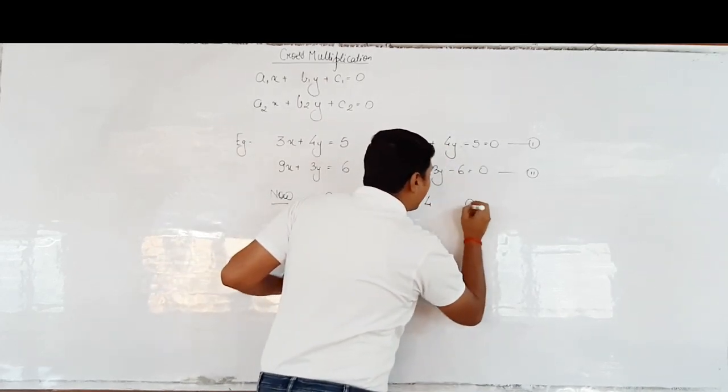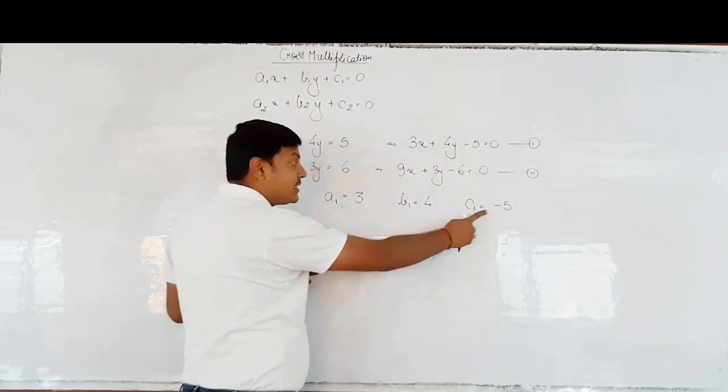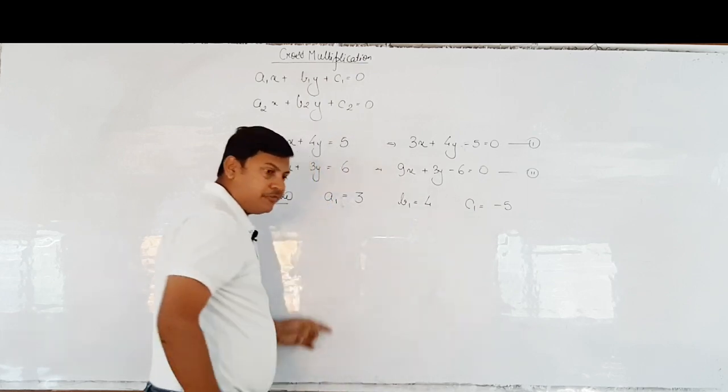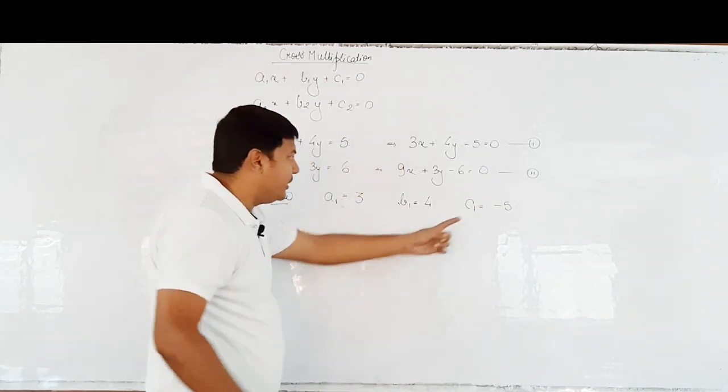And c1 is the constant term, that is minus 5. Don't miss the sign. Be careful about the sign also. If some term is in minus, it will be written in minus.